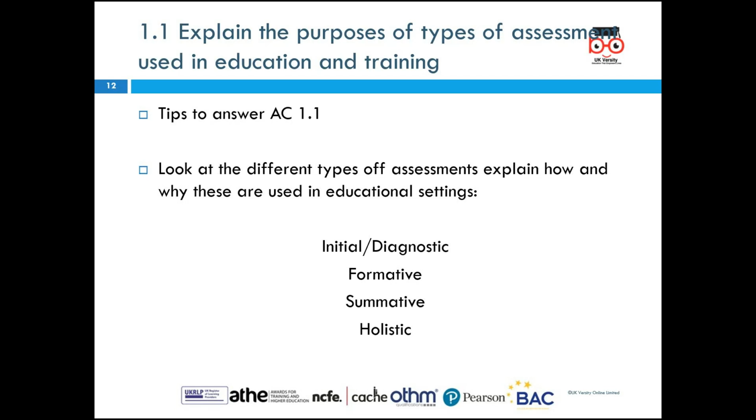Say, holistic assessment is used in my classroom setting by doing this. Formative is done by asking questions, conversing with each other, putting your hands up to see if they retained any information or not. Initial assessments are done, but you can explain what you're doing right now and so on.